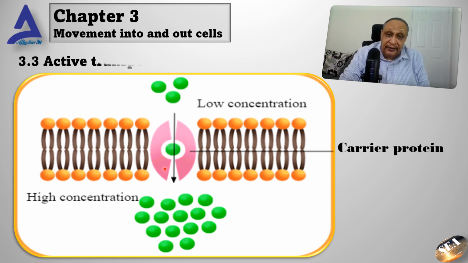This carrier protein changes itself and takes the molecules from low concentration into high concentration, against the concentration gradient. This is why it needs energy and needs this type of protein that is able to change its shape in order to allow the movement of such molecules. So be careful about that.